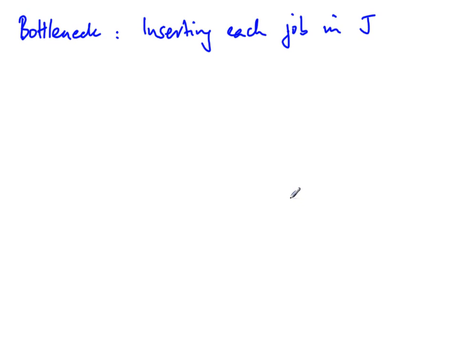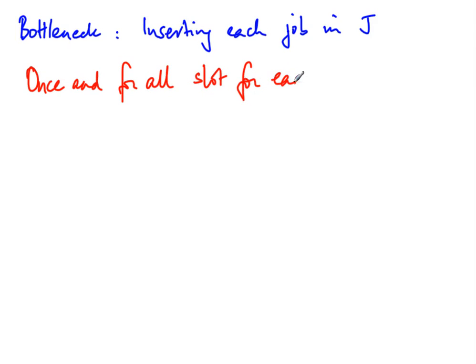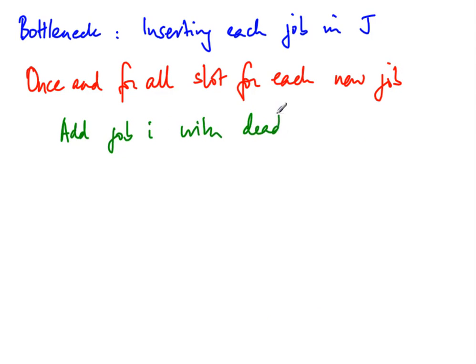So wouldn't it be nice if we could schedule all jobs once and for all in an optimal slot? So we want a once-and-for-all slot for each new job. So we want to add job i with deadline d_i.